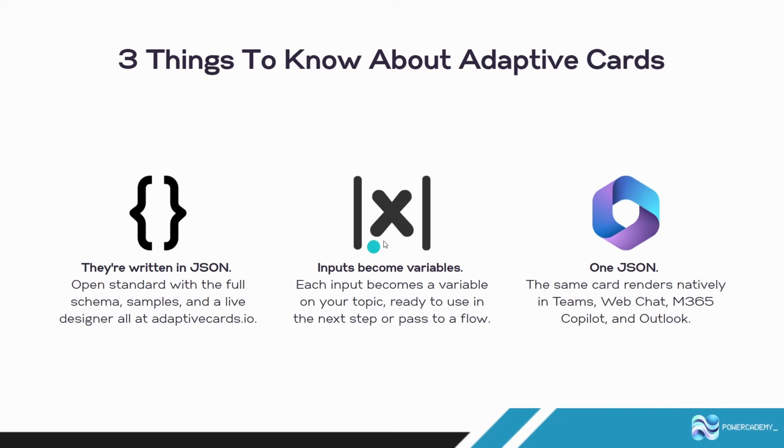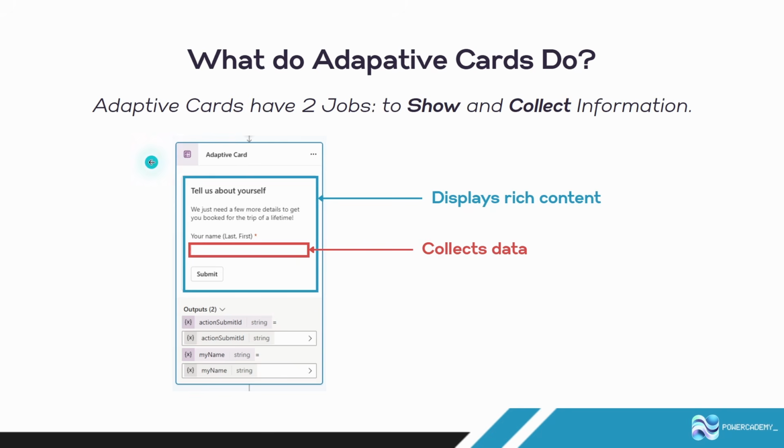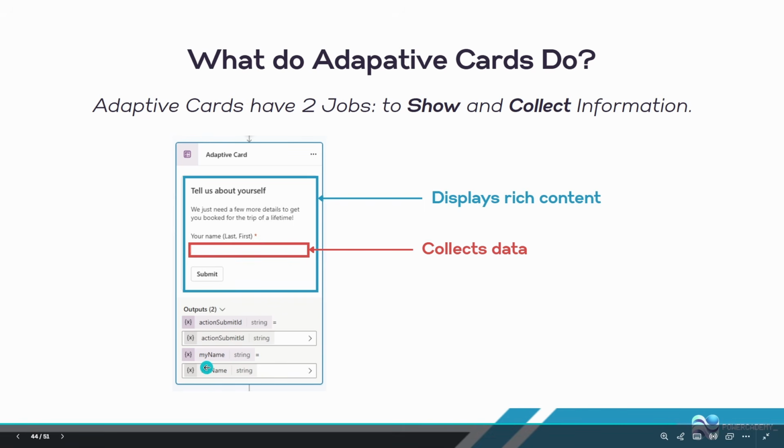The second point: inputs become variables. Each input becomes a variable on your topic, ready to use in the next step or to pass to a flow or a child agent or anything that builds off that. The best way to describe this is if I go back, you can see here you've got your name as an area to collect data from that person, and you can see at the bottom that it's being stored in a variable.